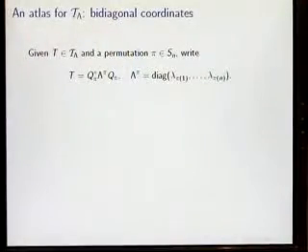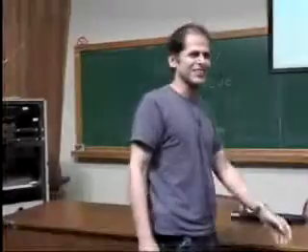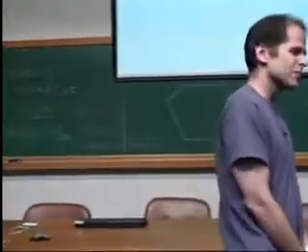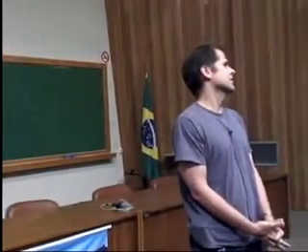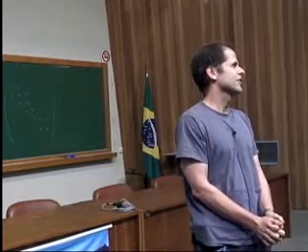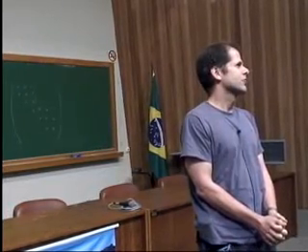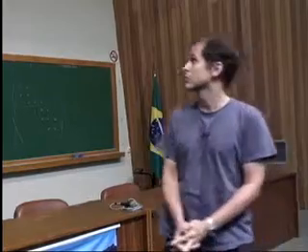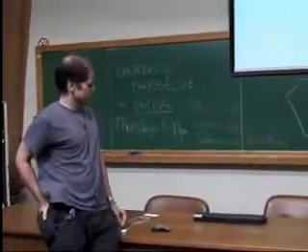Because in order to draw that, you don't just give Maple a verbal explanation like that. You have to actually parameterize the surface somehow, or else it's not going to know what you're talking about. So there is this nice atlas of the manifold T lambda, which is the bidiagonal matrices.